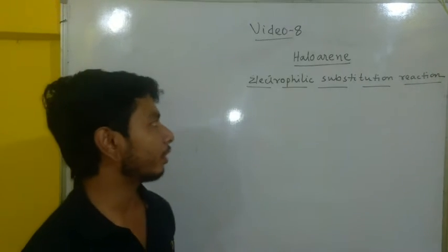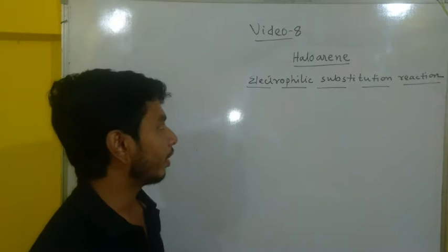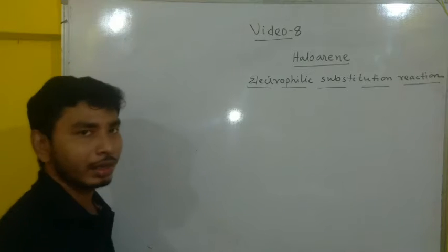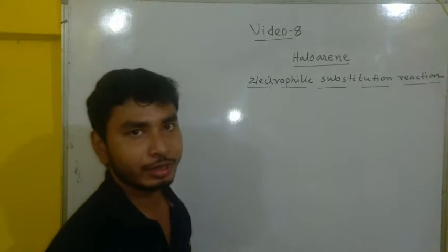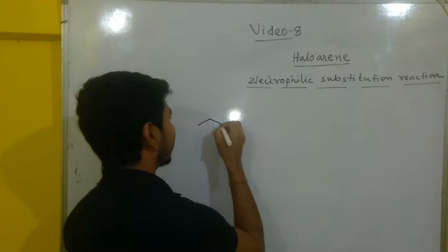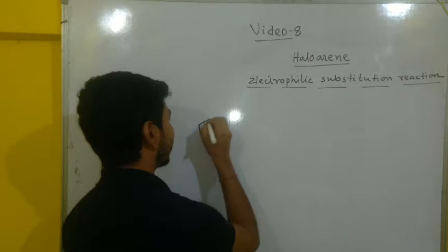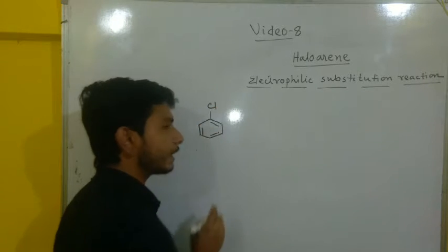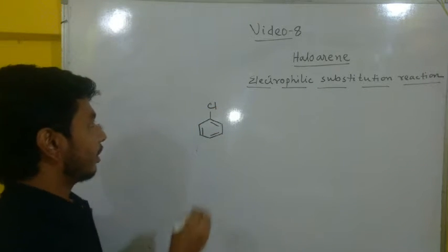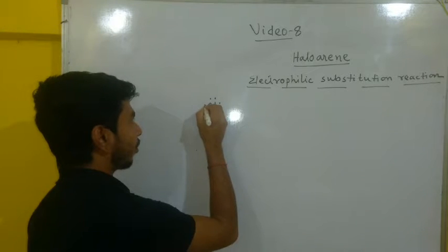Before going to the electrophilic substitution reactions, let us first discuss the resonating structures of haloarene. So it is chlorobenzene, and let us draw its resonating structures.